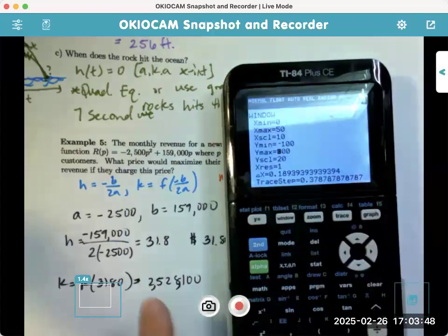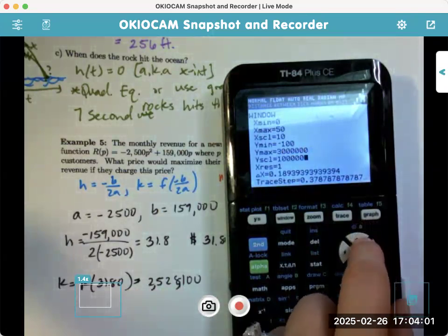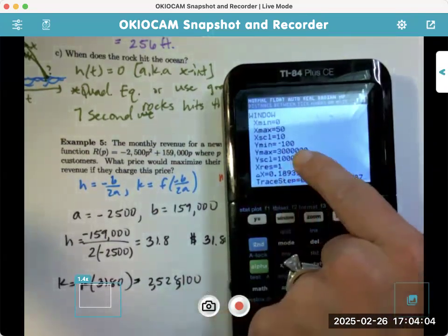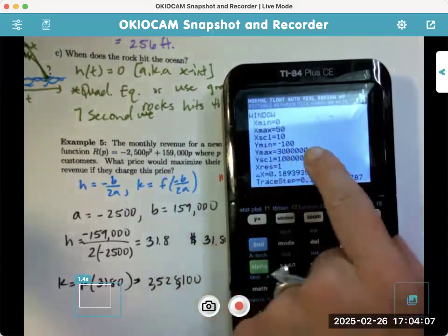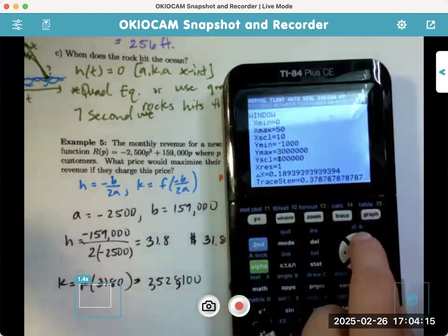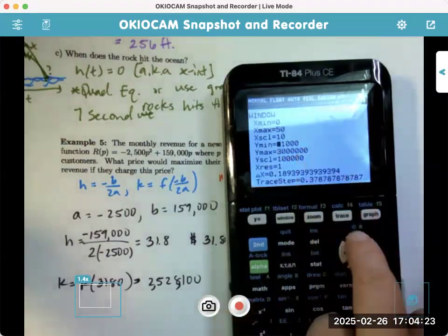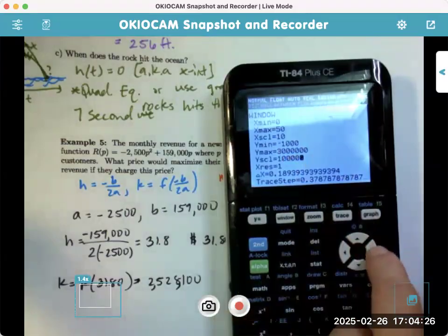We'll do a y max of, well, we know the answer is about 2.5 million, so let's just say 3 million, with tick marks of 100,000. Actually, I want tick marks of 10,000.